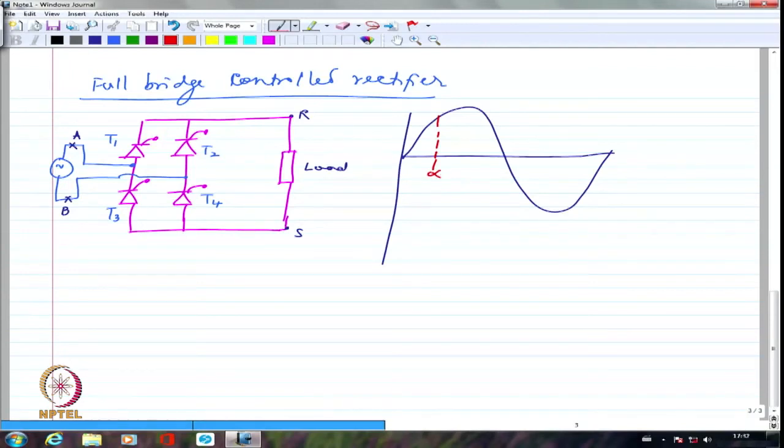So I am going to trigger T1 as well as T4 simultaneously. I will give a gate pulse for both of them simultaneously. I might have had the current carried over from the previous half cycle. That is very much possible.